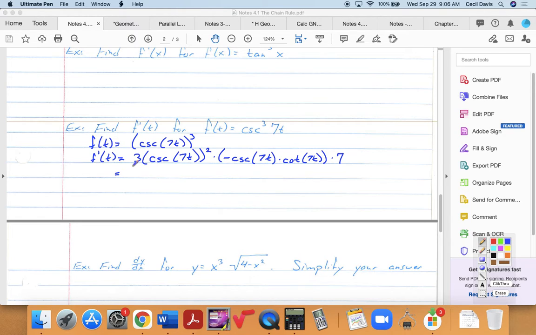So then my constant multiples, I've got 3 and a negative 1 and a 7, so that's negative 21. And I've got cosecant squared of 7t times cosecant of 7t, so that's cosecant cubed of 7t times the cotangent of 7t.